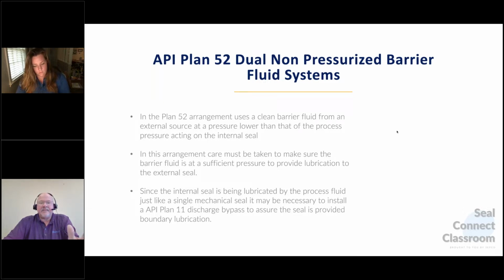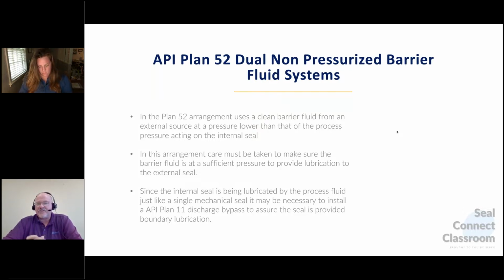So there's situations, especially with this Plan 52, where you're basically running your inboard seal as a single seal and your outboard seal is a single seal, sealing different products because you run the seals in tandem. But you've got to also make sure that inboard seal is getting proper lubrication in the process.